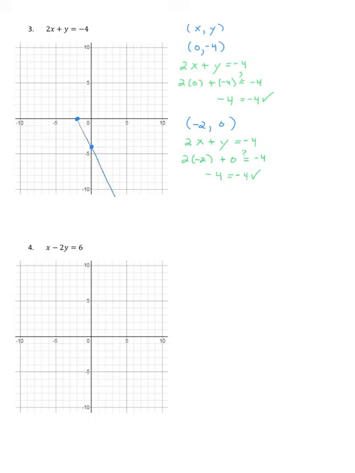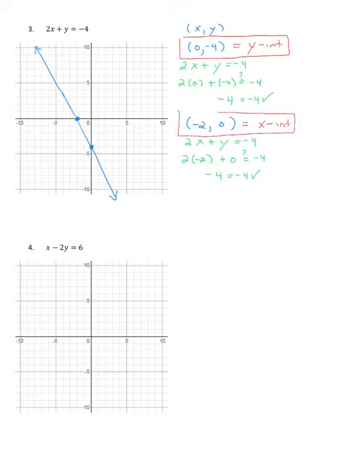The other nice thing about choosing 0 for x and solving for y, and then 0 for y and solving for x, is we just found the x- and y-intercepts. This point I chose is the y-intercept. You will always get this when you let x equal 0. And likewise, this point is the x-intercept, and that will always happen when you let y equal 0.